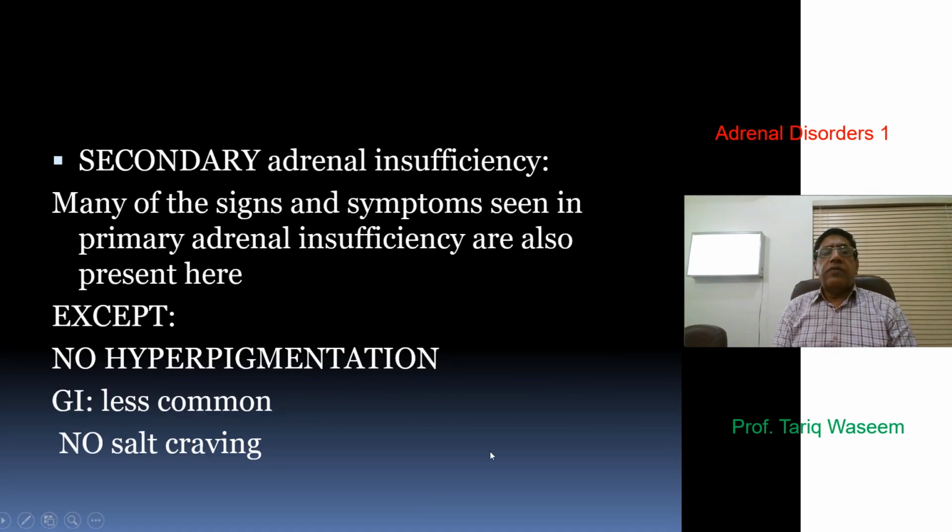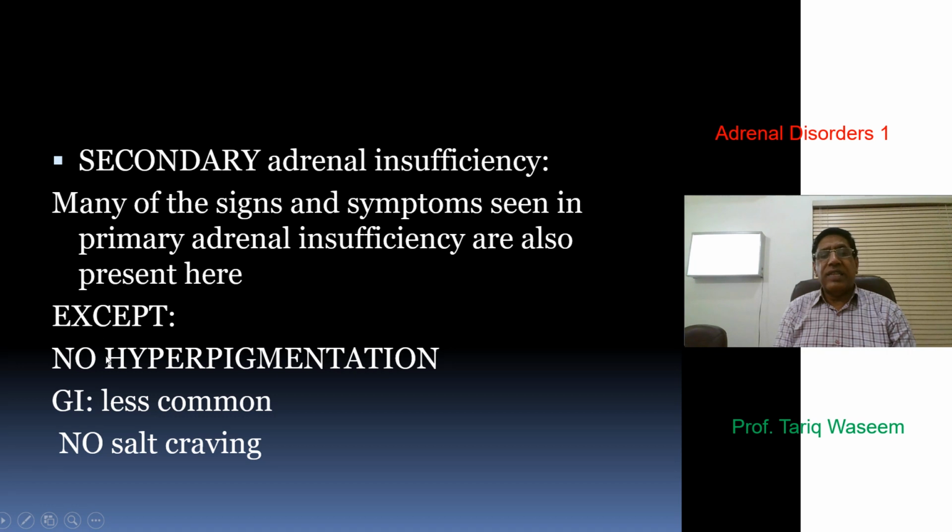In secondary adrenal insufficiency, by secondary we mean that the adrenal itself is okay, but there is a lack of ACTH from the pituitary, or maybe there is a receptor defect because of the ACTH not acting upon the receptors. Now, the difference between the primary and secondary can be made through two things.